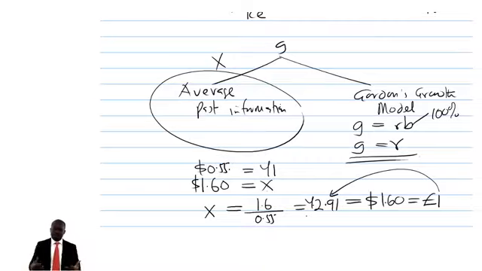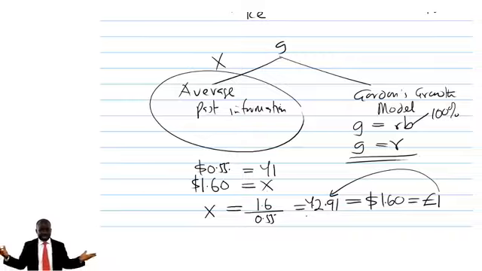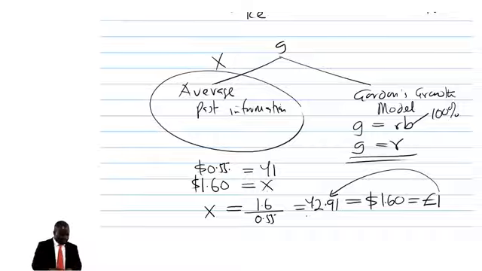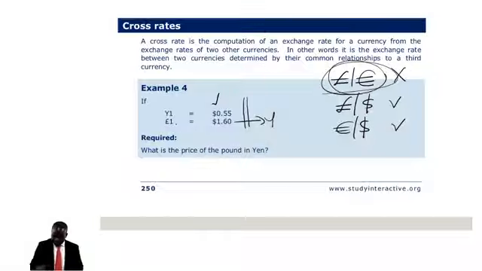My problem is the question will not tell you to use cross rate. Will you be able to see it yourself? That is the challenge, and in P4, in that bigger scenario, will you be able to see it yourself? So that is the principle of the cross rate.